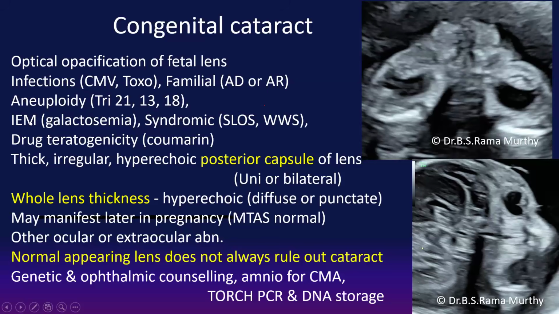It is also a marker of inborn errors of metabolism like galactosemia. It can also be seen in single gene disorders like SLOS, Smith-Lemli-Opitz syndrome, or Walker-Warburg syndrome. So for all of these, we'll need to do an invasive testing, an amniocentesis, to see what is the causative agent. We'll have to add a TORCH PCR to rule out infections. You'll have to add a chromosomal microarray to rule out aneuploidies and microdeletions, duplications.